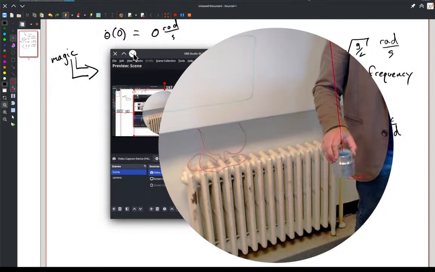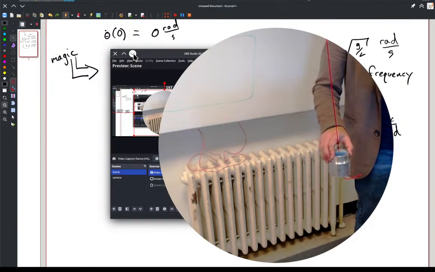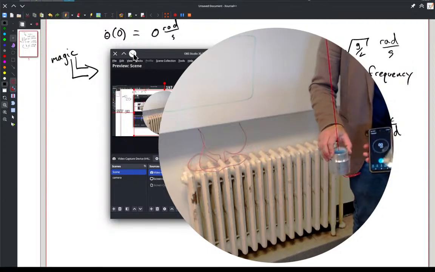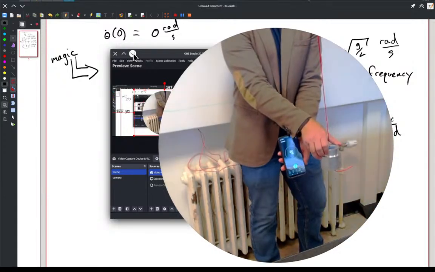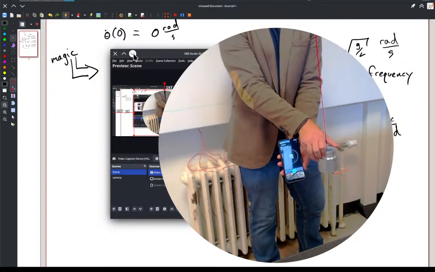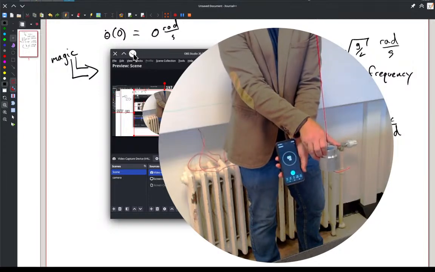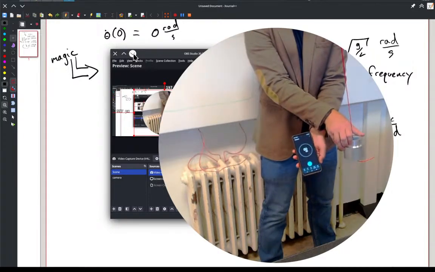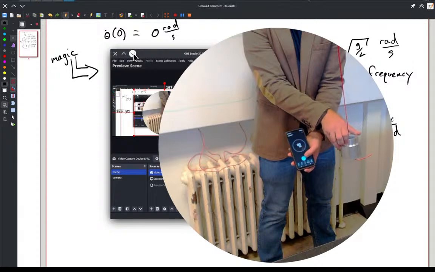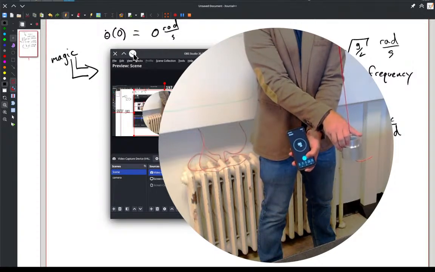Timer? No. Stopwatch. That's what we want, right? So I'll hit start, and then we can start counting how long it takes.